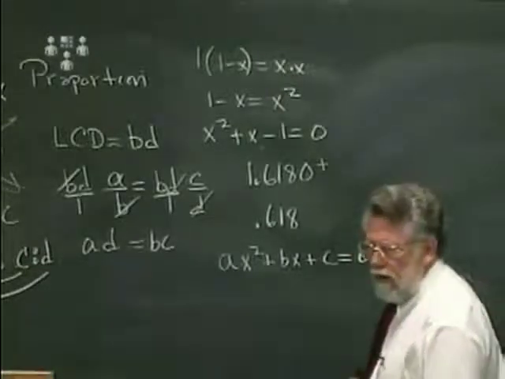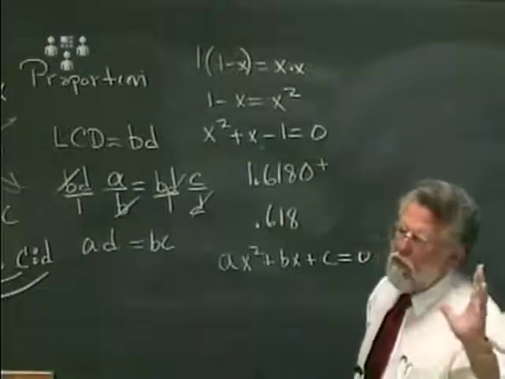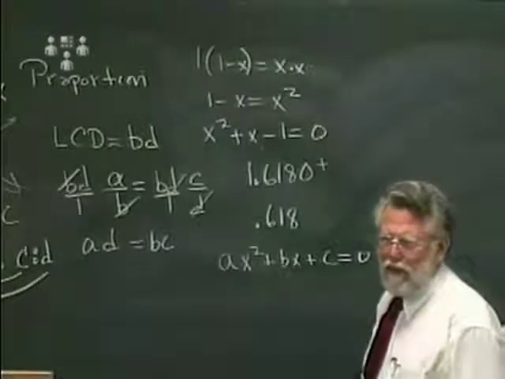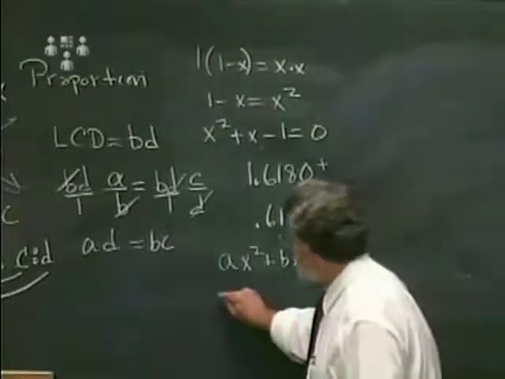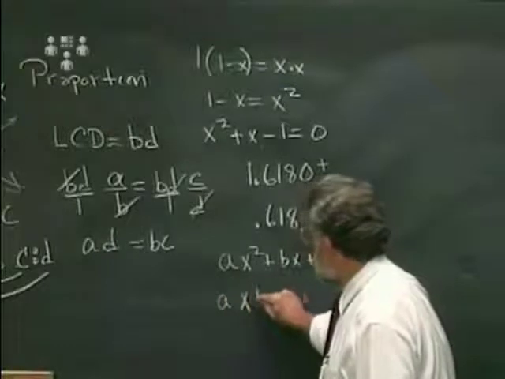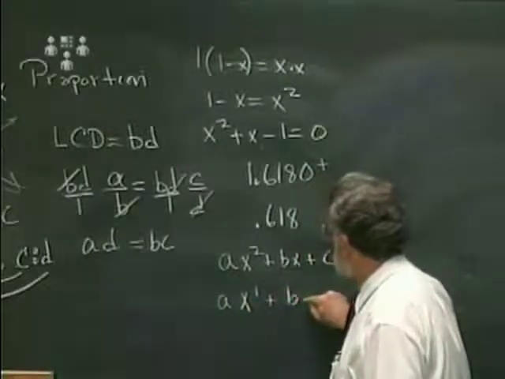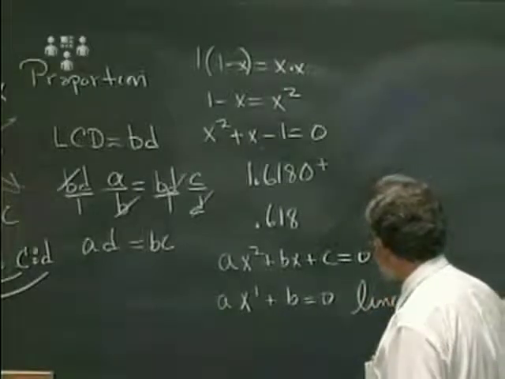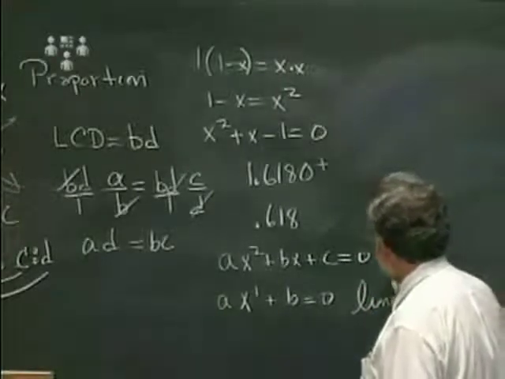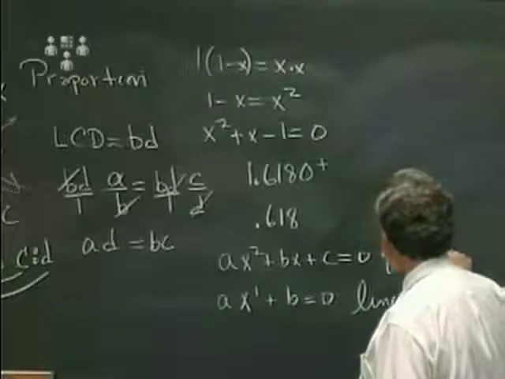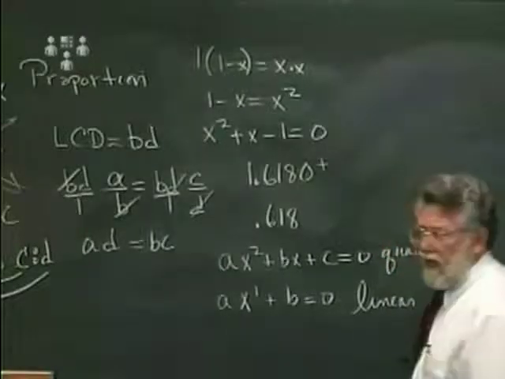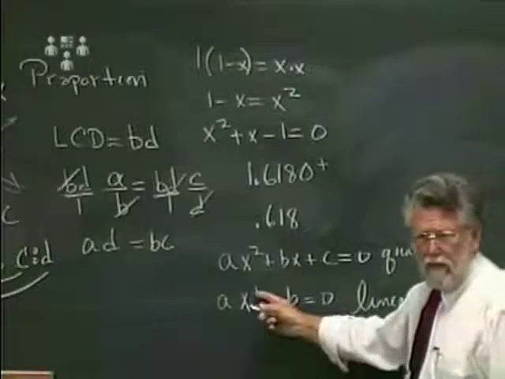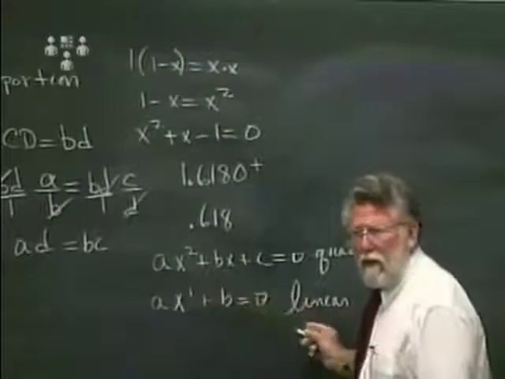Now, this is referred to as quadratic, and one of the things I've wanted to come back to for some time that I didn't say before that should have been said, this is called a linear equation. So this is going to be linear, and this is going to be quadratic. And it has to do with the exponent. First degree, one variable, linear.